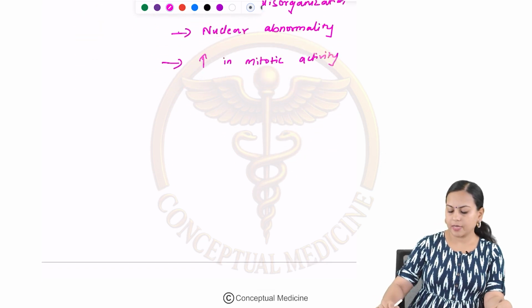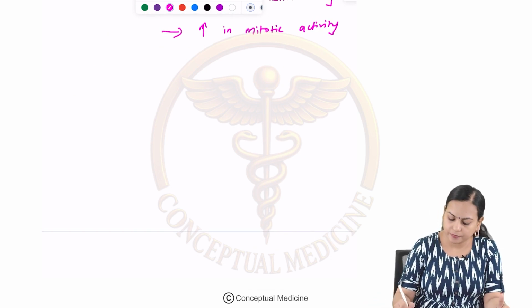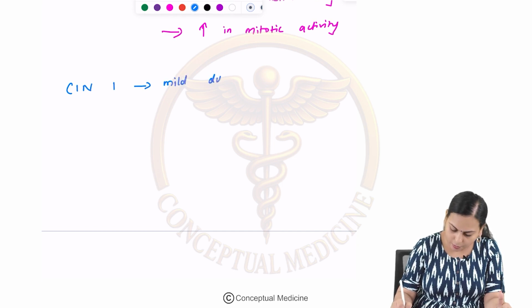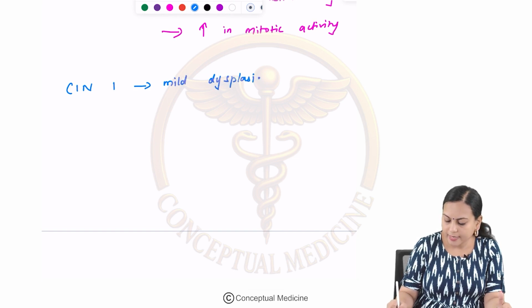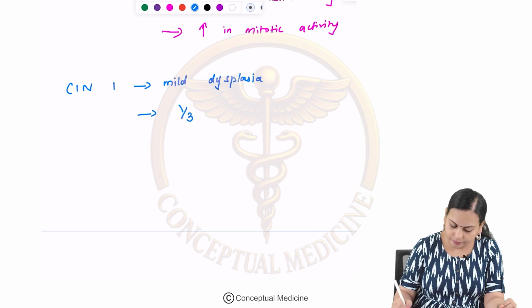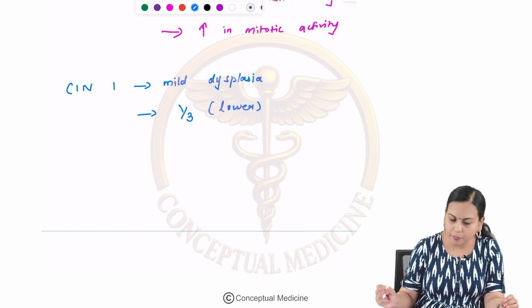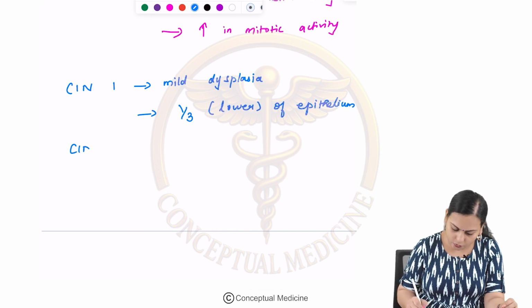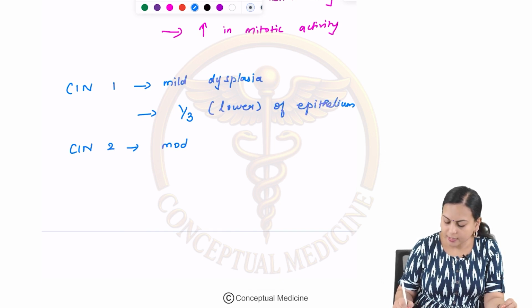Okay. So, depending upon the type of dysplasia present, this can be further classified as CIN1, which has mild dysplasia. Mild dysplasia means the atypical cells are seen only in the lower 1/3 of the epithelium. Then CIN2, that means there is a moderate dysplasia.